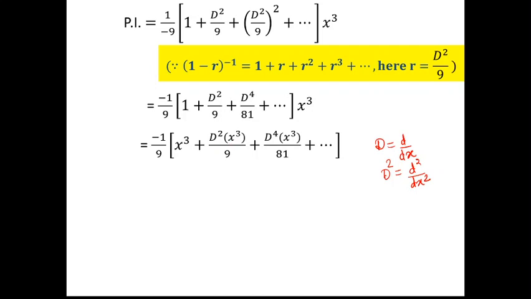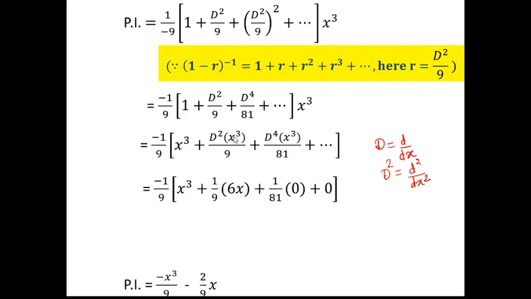So let's see what will be its differentiation. The first differentiation will be 3x square, and again differentiating that, it comes out to be 6x. Whereas here the order of derivative is more than the power of x.